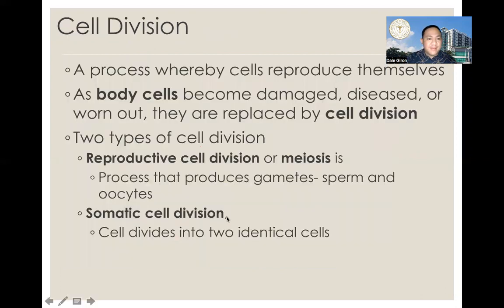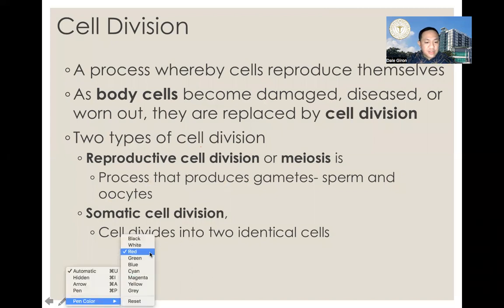Okay? So this is another topic under the cell. It is called cell division. It is a process whereby cells reproduce themselves. So as body cells become damaged, diseased, or worn out, they are replaced by cell division. Okay, and there are two types of cell division.